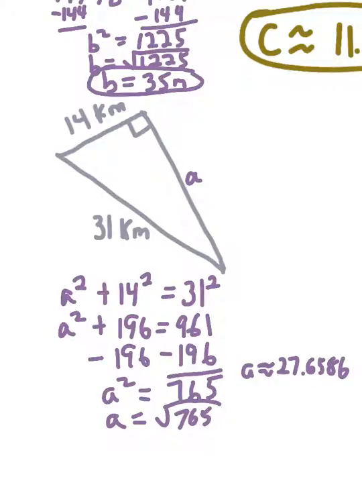If I round to the thousandths place, that means it'll bounce up to 27.659 kilometers.